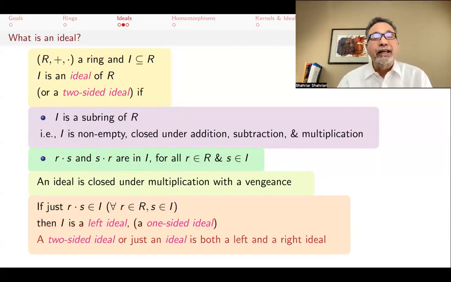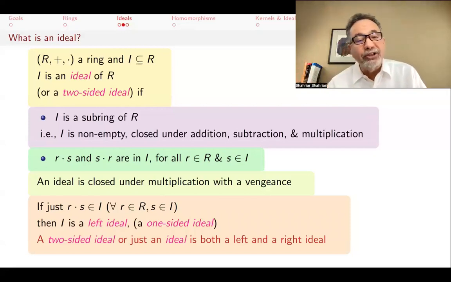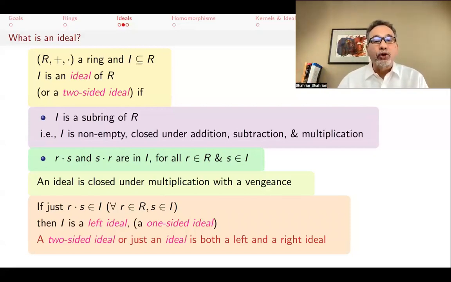And vice versa, if you multiplied on the right and you preserved being in I, then that would be called a right ideal. A two-sided ideal is just an ideal that is both a left and a right ideal. This matters in rings where the multiplication is not commutative, like, for example, matrices. But it doesn't really matter in commutative rings, and most of the lectures in this introductory section are going to be about commutative rings.